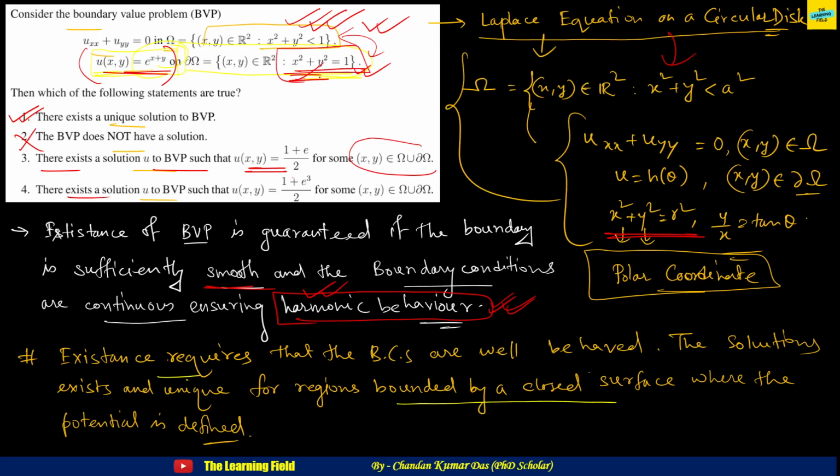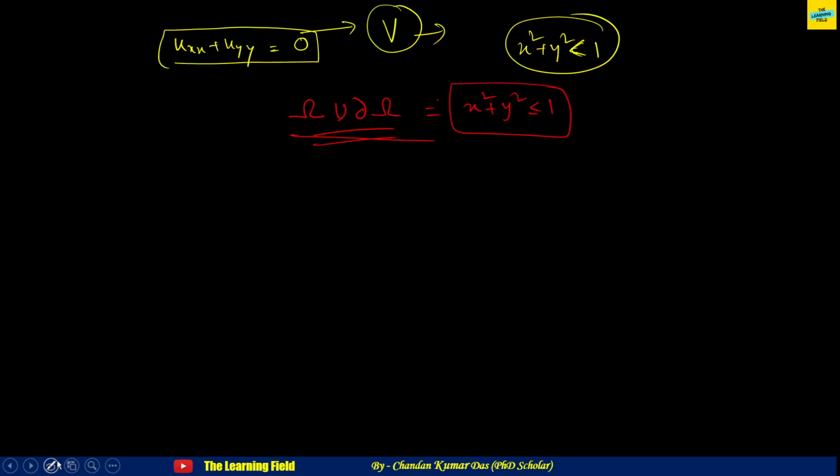So we can take x square plus y square equal to 1. That means we can take the circular condition and convert it to polar: x equal to cos theta, y equal to sin theta. Fine. Now, what is the value of u? u is given as e to the power cos theta plus sin theta.